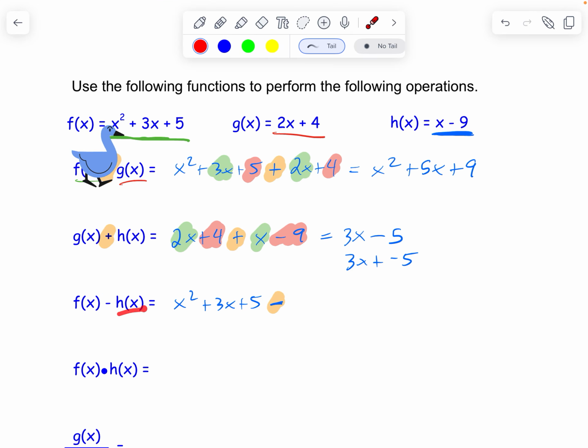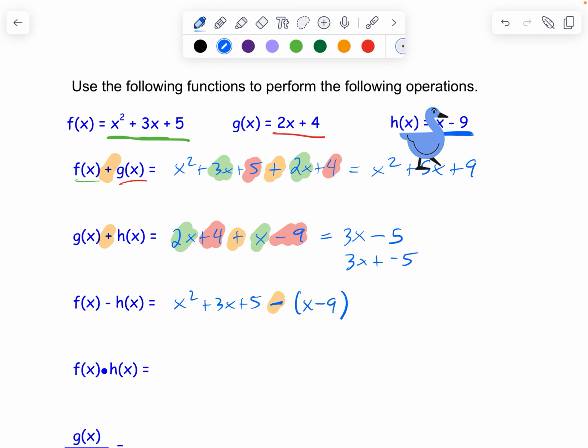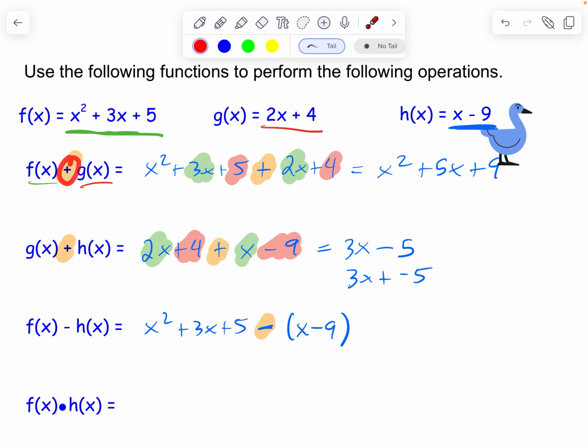When I write down the h function, I'm going to put it in a parenthesis to make sure I pay attention to this minus. I didn't do that up here. I could have, but when you're doing pluses, it doesn't really matter. If I did put my parentheses around here and around here, it's not going to change anything.